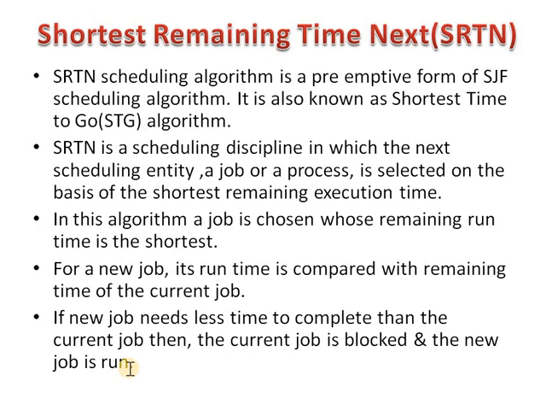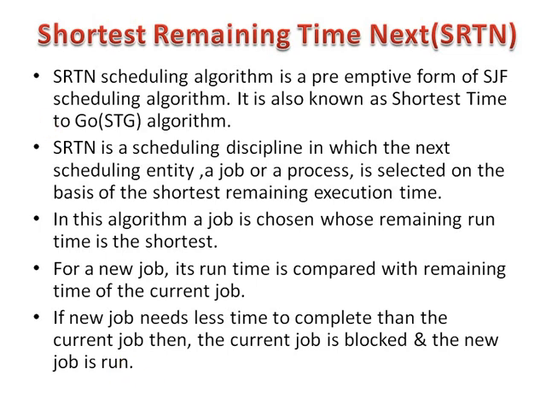In short, when a new process arrives, its total time is compared to the current process's remaining runtime. And if the new job needs less time to finish than the current process, then the current process is suspended and the new job is started.